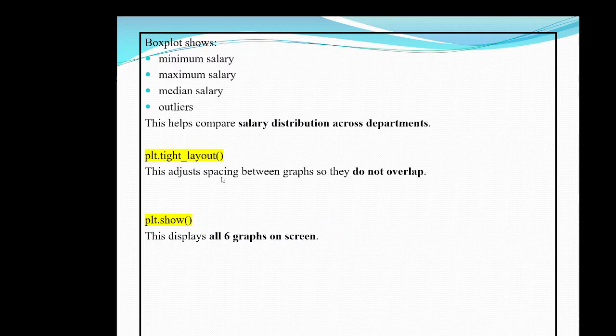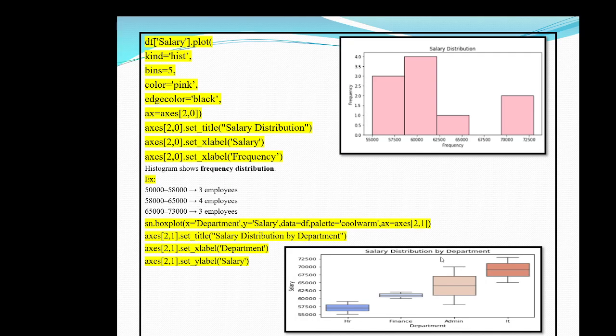So the box plot talks about the minimum salary, maximum salary, median salary, and what are the outliers. This helps to compare the salary distribution across the departments. So this is what it has done.